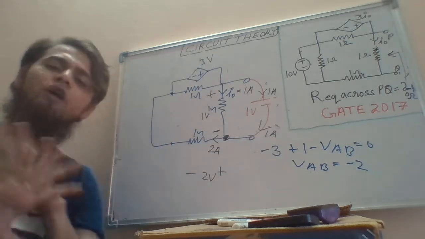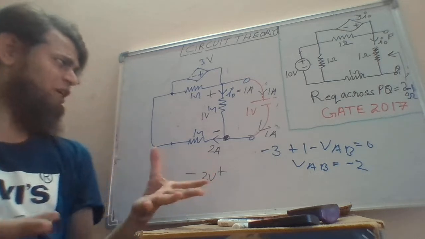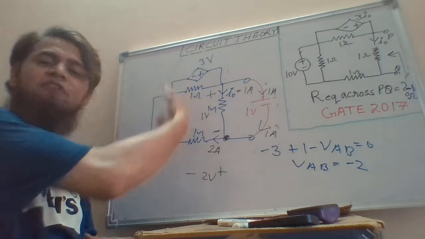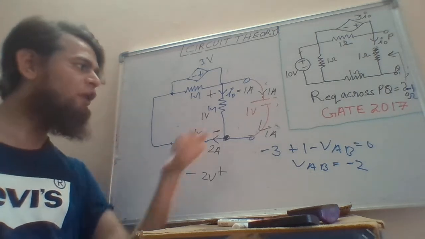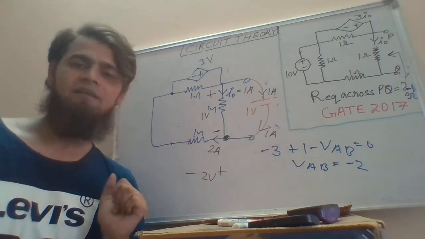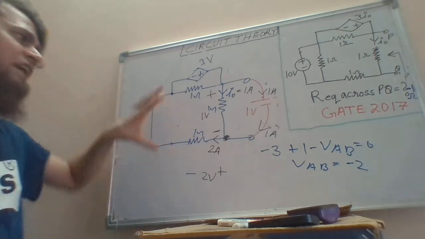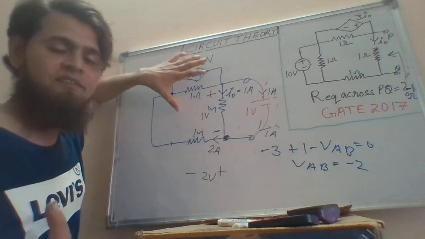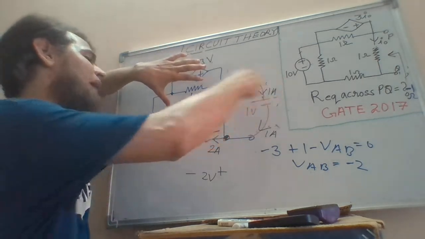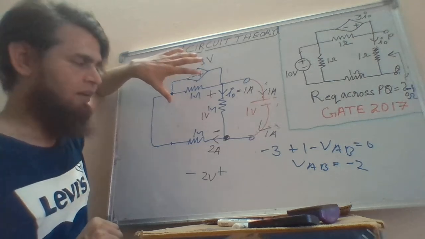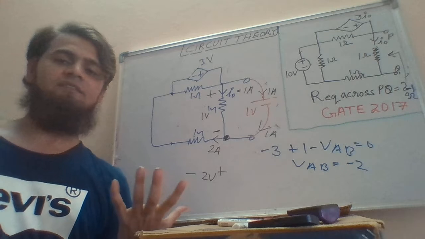If there is no dependent source, this will never happen, because you have already killed all the independent sources. So there is nobody who can overtake this battery if there is no dependent source. But if there is a dependent source, there is a chance that this dependent source might overtake this battery, and then you will say that the equivalent resistance is negative. But it will not happen always.